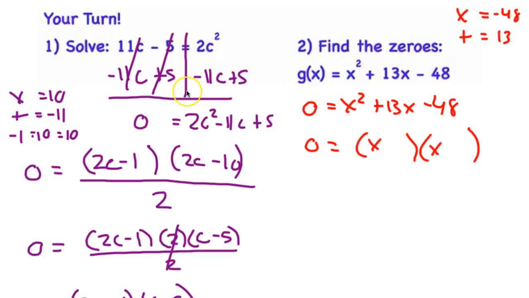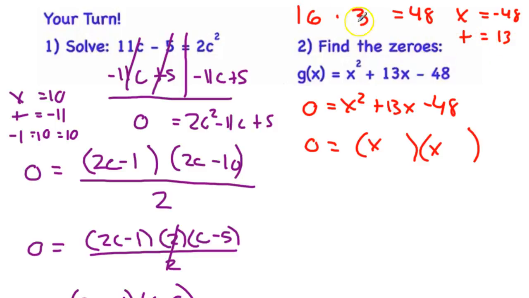And you could always write down all the factors. I know that 16 times 3 equals 48. If I want it to equal negative 48, one of these has to be negative. So when I add them, which one has to be negative to equal 13?